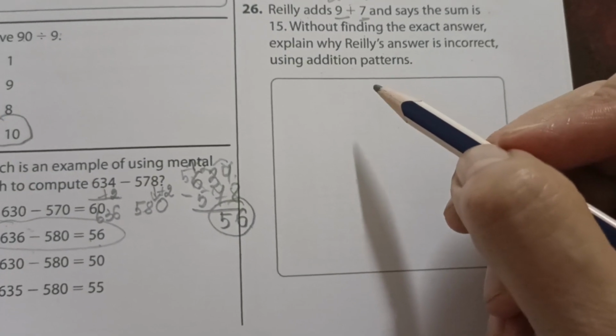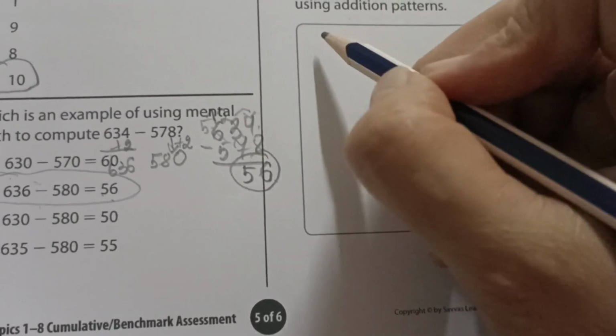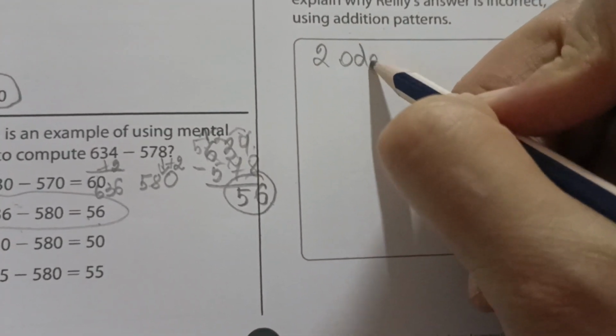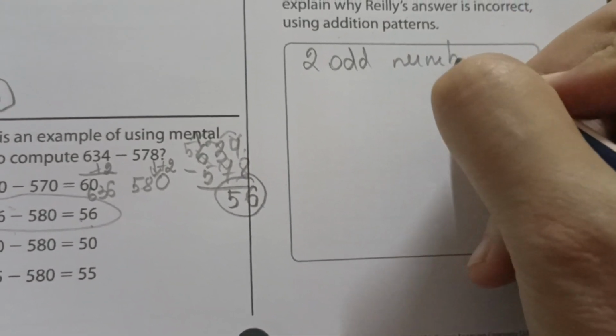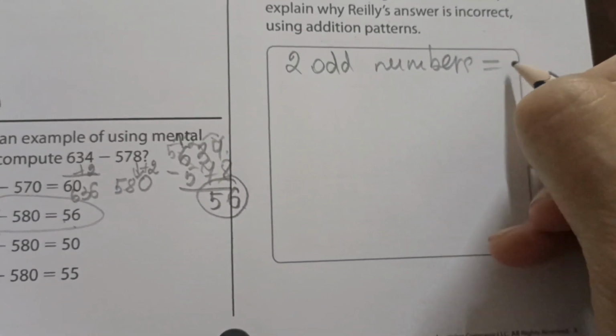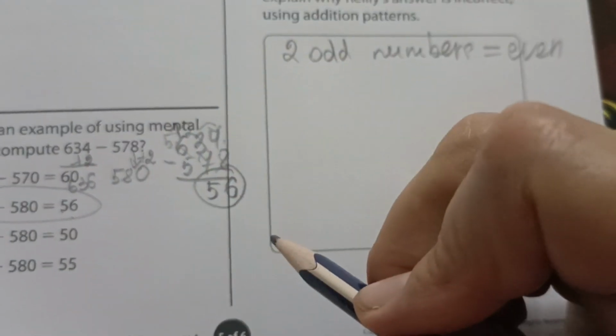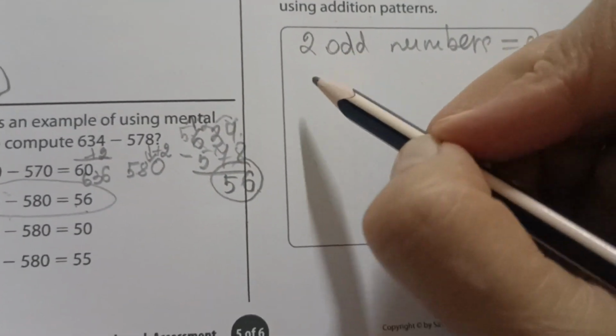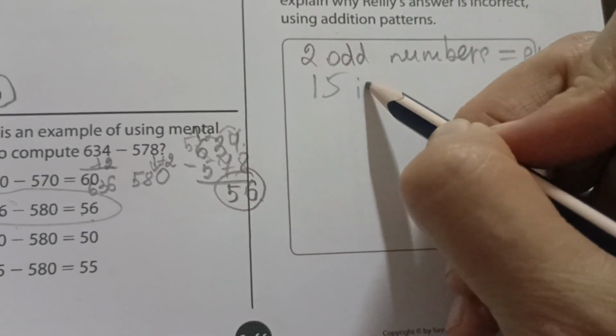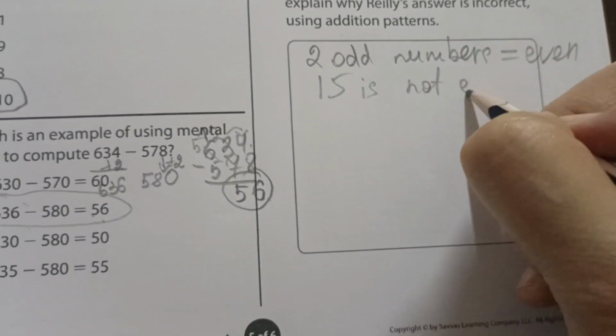So, you know that when you add two odd numbers, it should give you an even result. But 15 is not even. So 15 is not even.